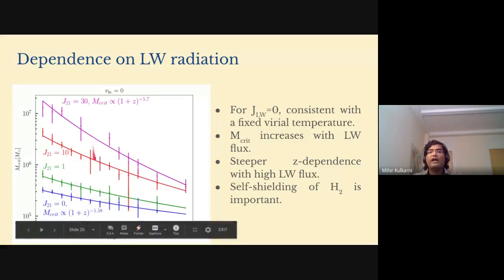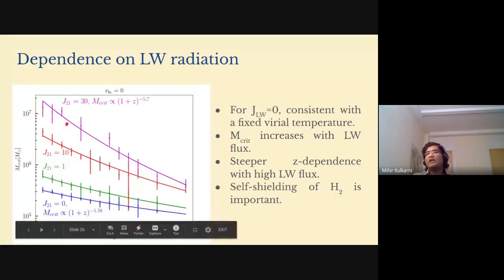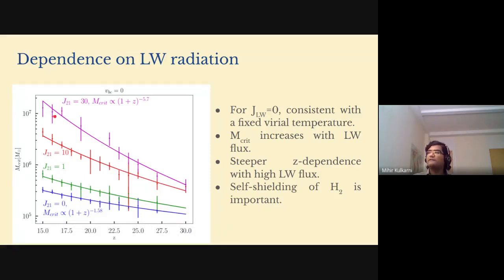We also find that when we increase the background Lyman-Werner radiation, the critical mass increases. For very strong Lyman-Werner radiation, the critical mass can increase by up to 2 orders of magnitude. That is, in a region of high Lyman-Werner radiation, first stars form in only very massive halos.